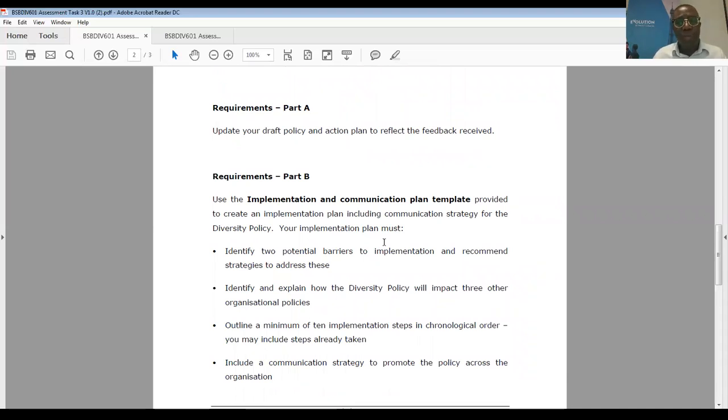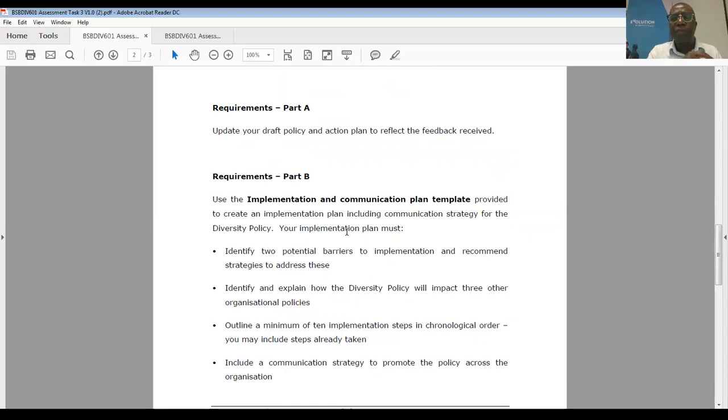Use the implementation communication plan template, which is provided, to create an implementation plan, including a communication strategy for the diversity policy. Your implementation plan must identify 2 potential barriers to implementation and recommend strategies.